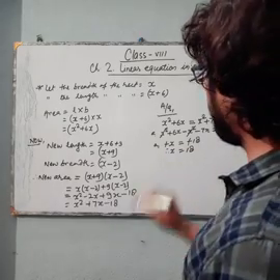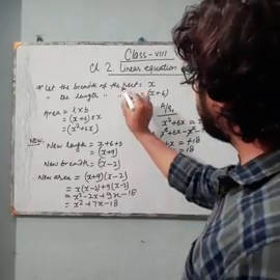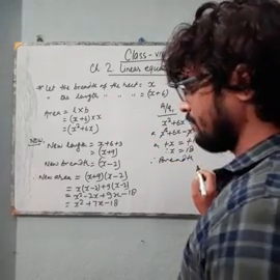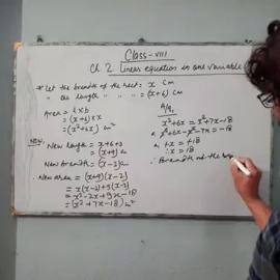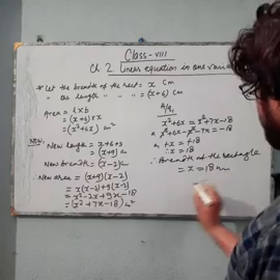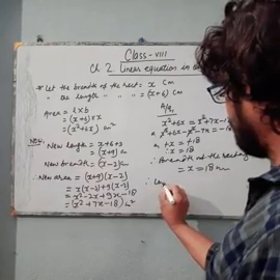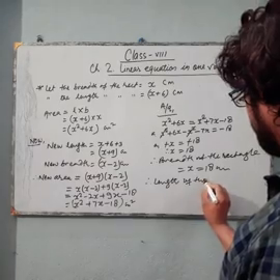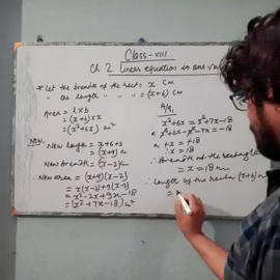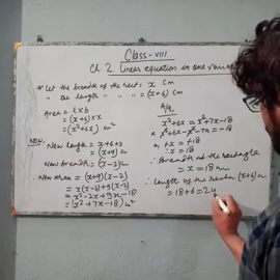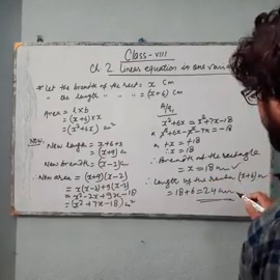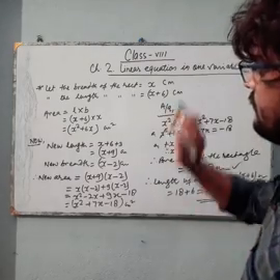Means x is our breadth, hence breadth of the rectangle is equal to x is equal to 18 centimeters. Hence length of the rectangle, that is x plus 6 centimeters, is equal to 18 plus 6 is equal to 24 centimeters. Okay? Means breadth is 18 centimeters and length is 24 centimeters. These are your answers. Okay.